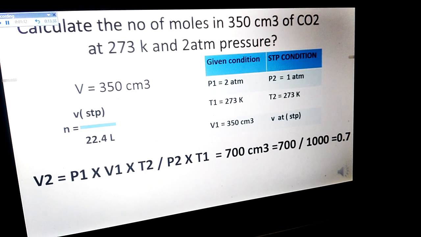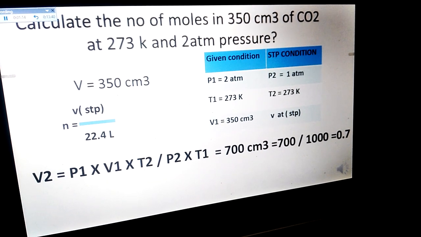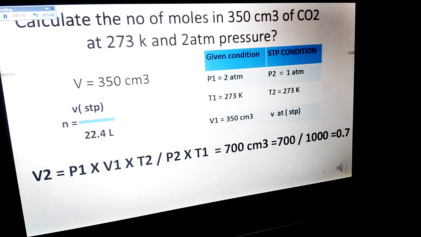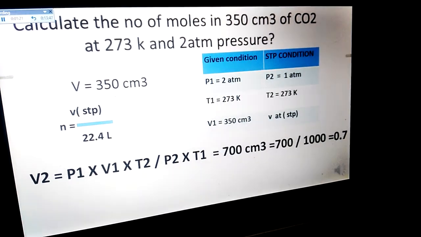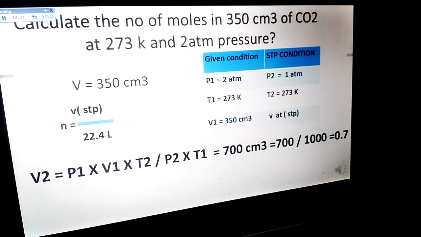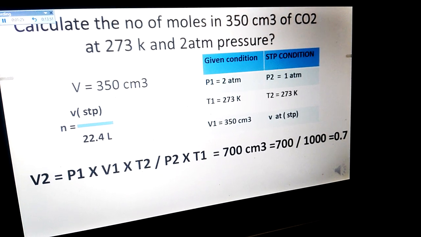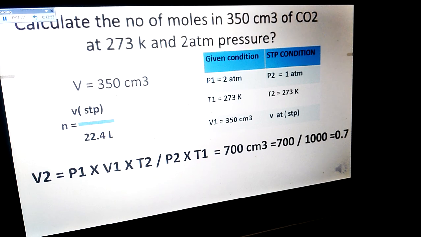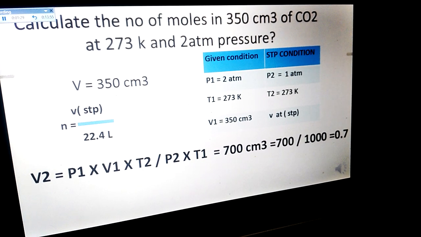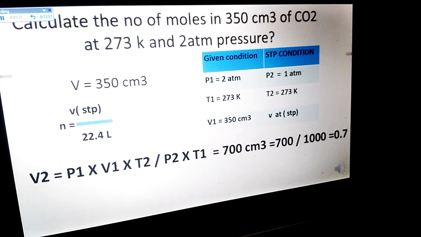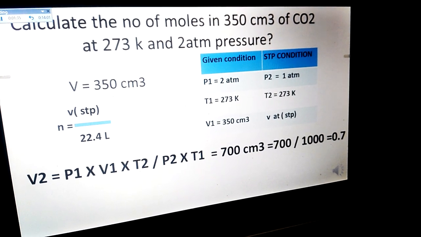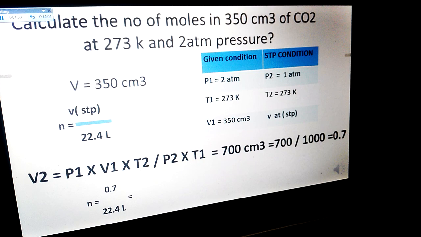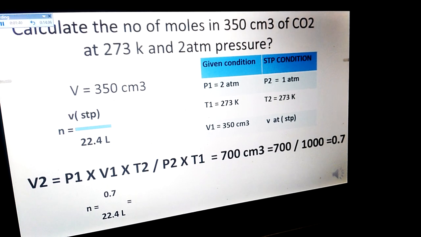V2 is equal to P1 V1 multiplied by T2 divided by P2 T1. So putting values in this equation, we get 700 cm cube. For conversion of cm cube into liter, we divide it by 1000, so we get 0.7 liter. Now put this value in the given formula.